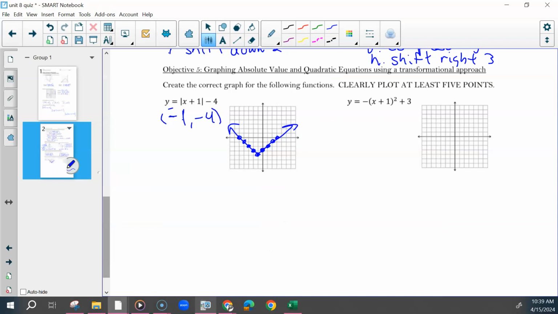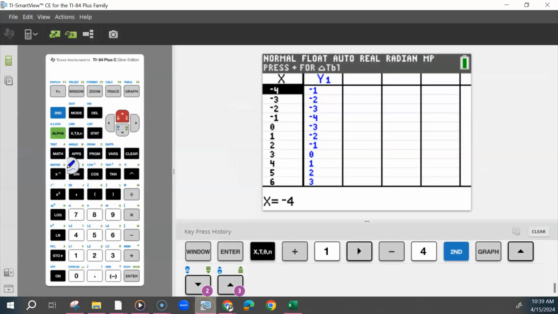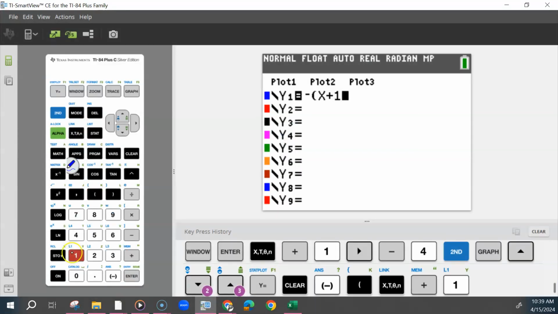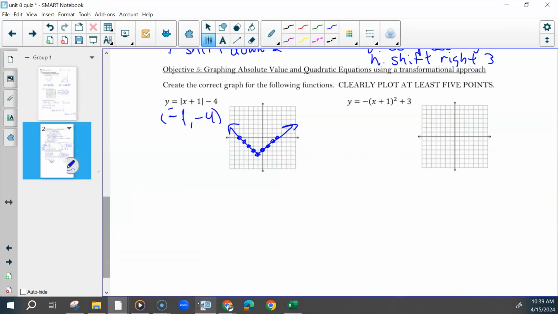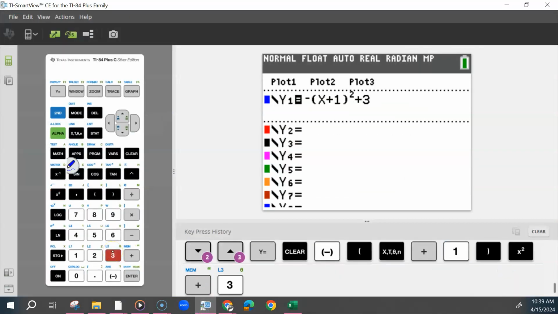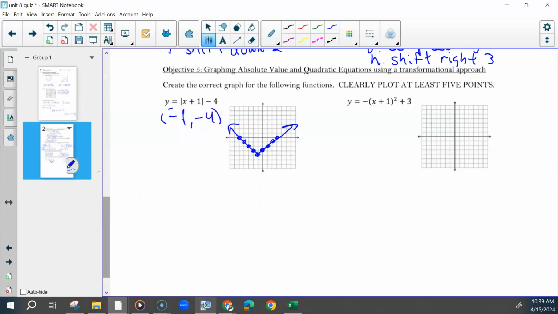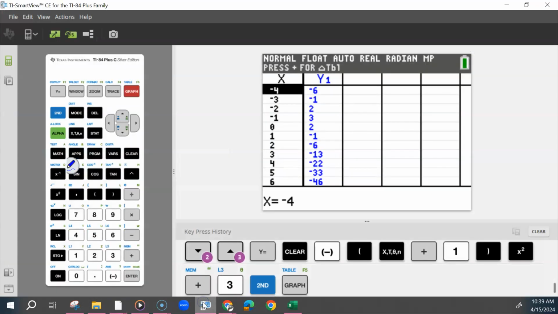I'm going to put this one in. Negative x plus 1, outside of that squared, plus 3. And then I'm going to go to the table. Find where my y values repeat and find the middle. So at negative 1, 3, write that down as my vertex. And then graph those points.